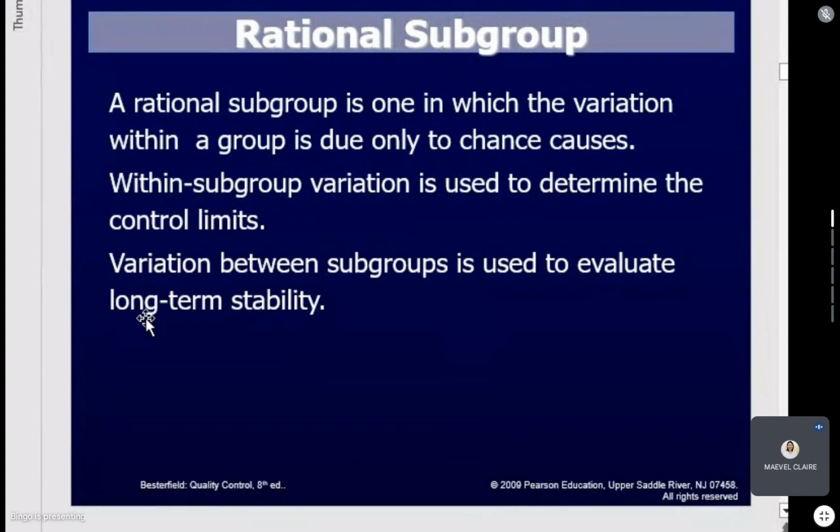A rational subgroup is one in which the variation within a group is due only to chance causes. Within subgroup variation is used to determine the control limits, and variation between subgroups is used to evaluate long-term stability.